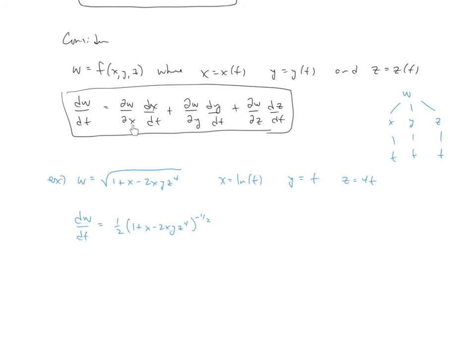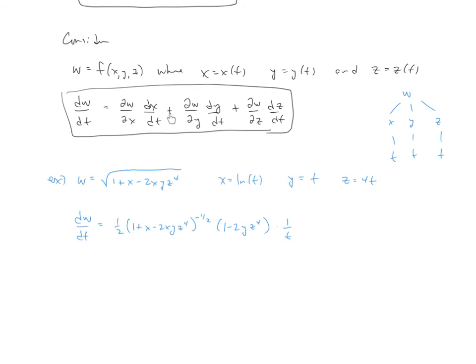That inside then is going to turn into 1 minus 2yz to the fourth. Now we need times the derivative of x with respect to t. Well, that's just going to be 1 over t. So times 1 over t.